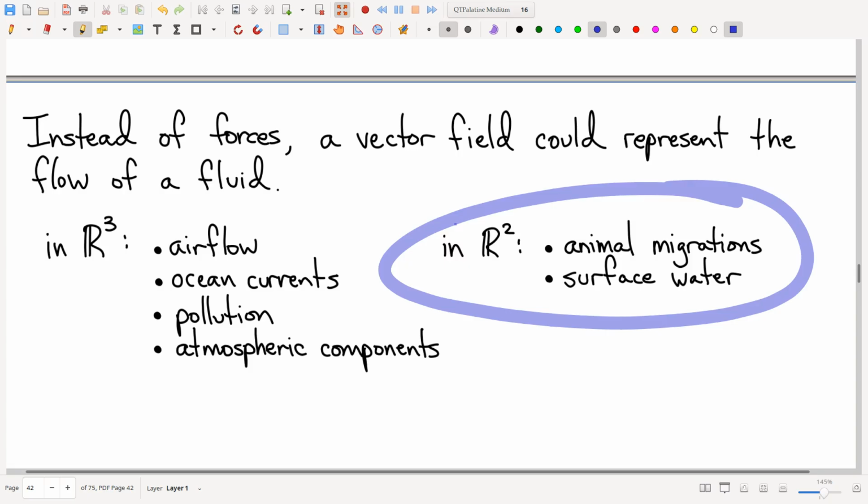And you think about it, that's what water is. Liquids tend to be made up of little molecules that all kind of flow together. So not that different. And if you're interested in migratory patterns of birds or wildebeests or what have you, thinking of them as a fluid can be a convenient tool. And it's a two-dimensional fluid.